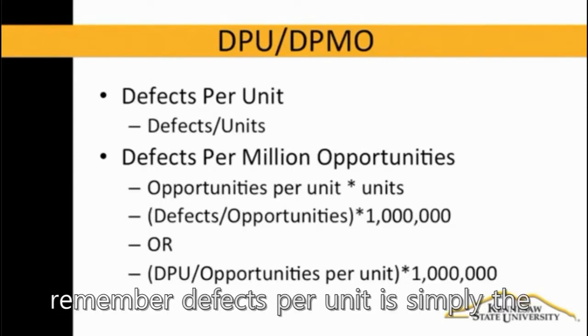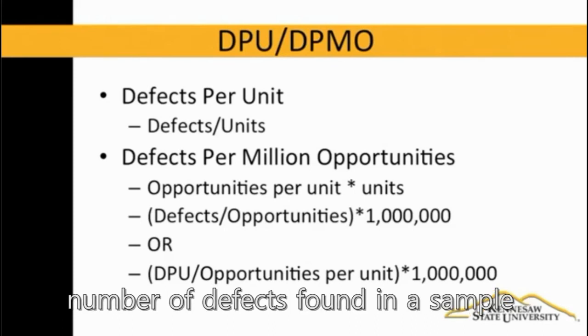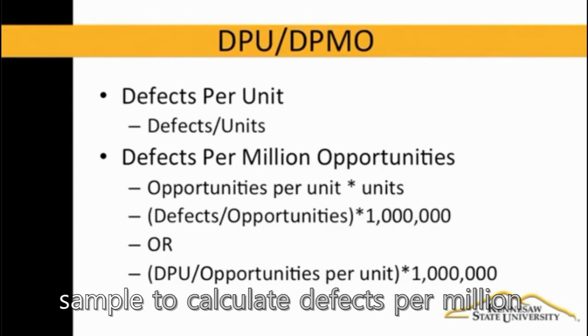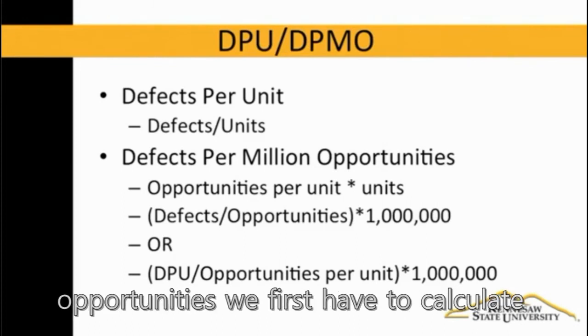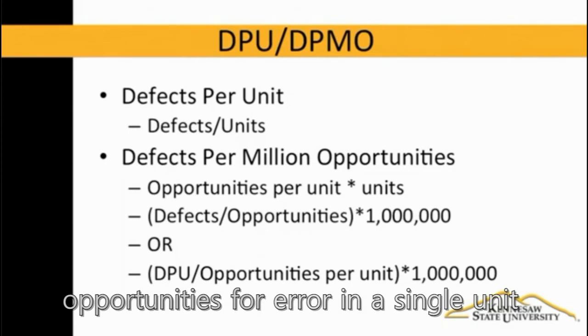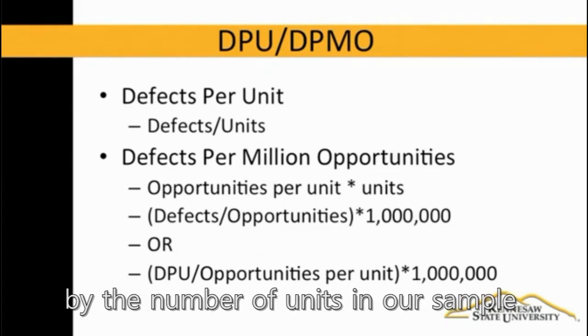Remember, defects per unit is simply the number of defects found in a sample divided by the number of units in that sample. To calculate defects per million opportunities, we first have to calculate the number of opportunities. We get this by multiplying the number of opportunities for error in a single unit by the number of units in our sample.